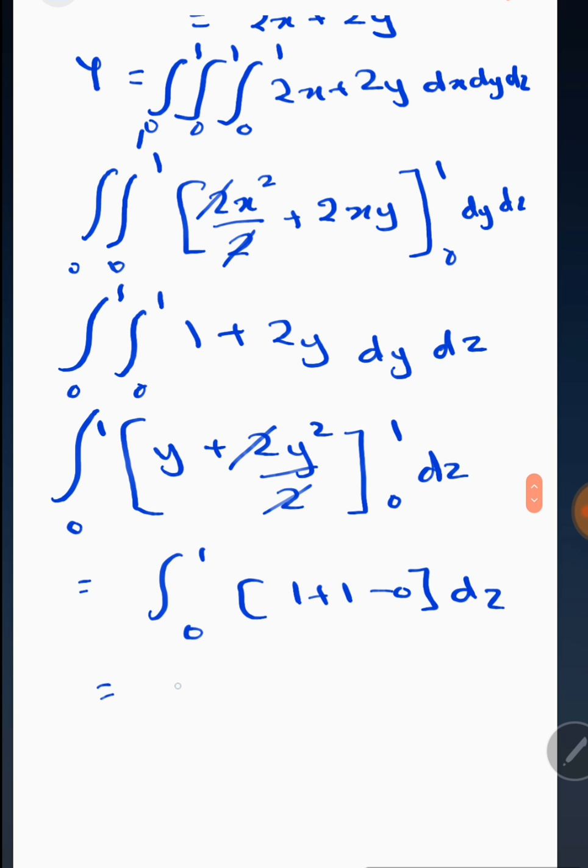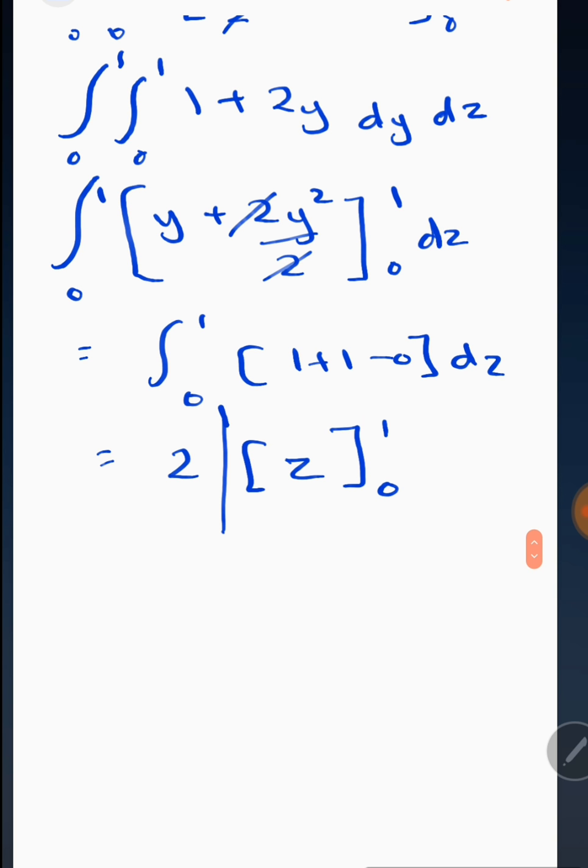So this leads me to 2. 2 is just a coefficient, I can just put it in front. Then if I integrate dz, I get z, upper limit, lower limit. So in this case, what I will get is 2 times 1 minus 0, and that's it. Basically, that is my flux through the surface of my cube.